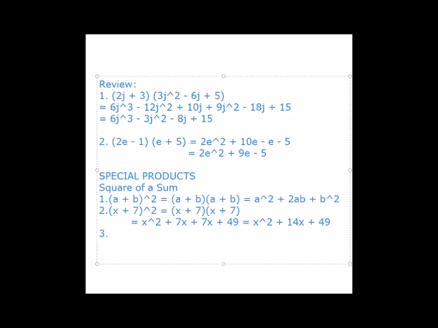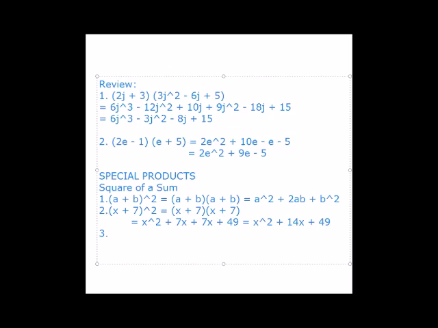But note that our a and our b can actually be any numbers, any variables, or any expressions with numbers and other variables. So I understand what Jude is trying to say here is he substituted x plus 7 into a plus b and then followed a squared plus 2ab plus b squared.